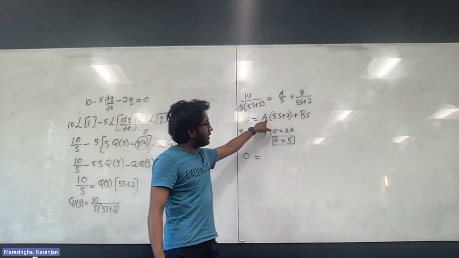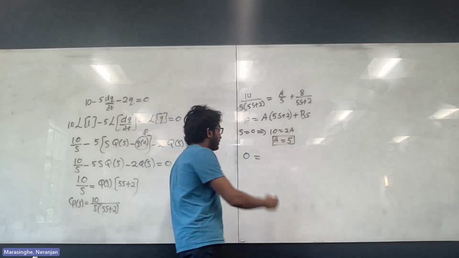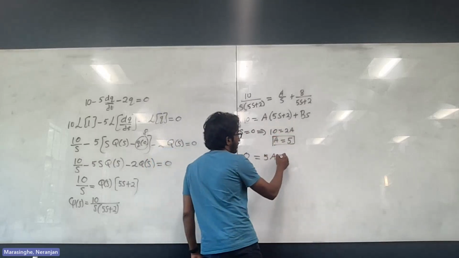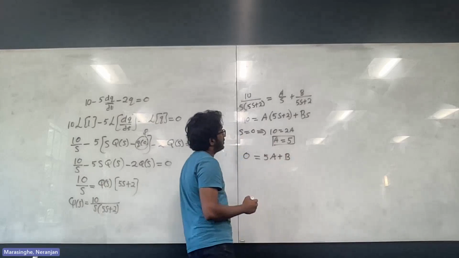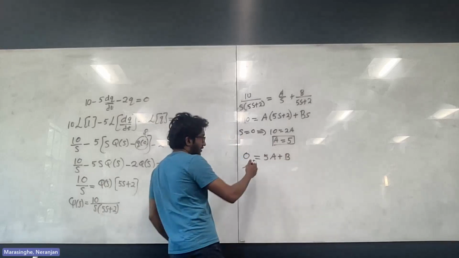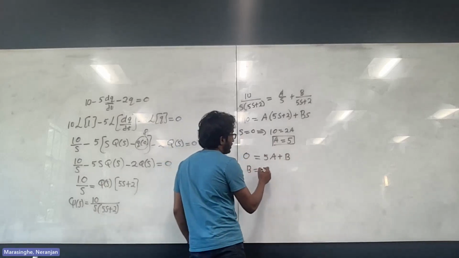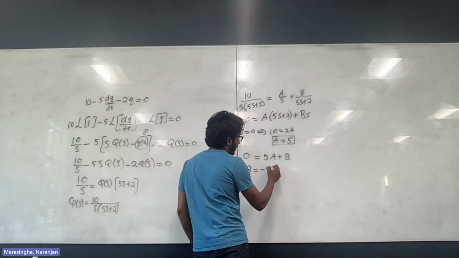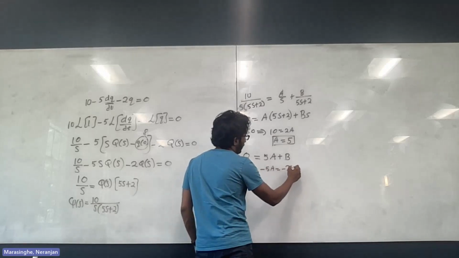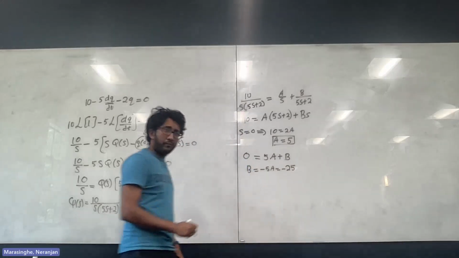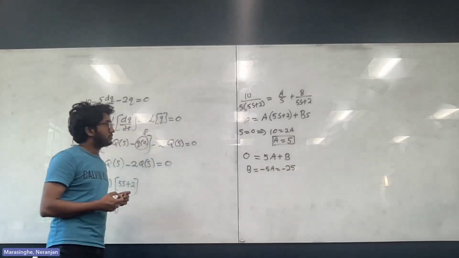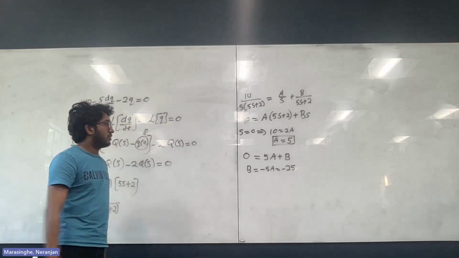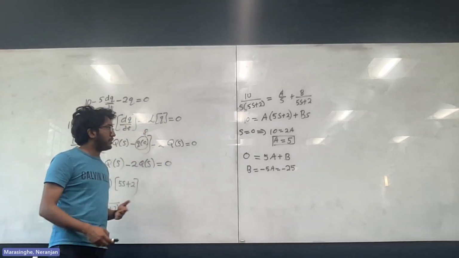I have 5 times A plus B. So A equals 5. What is the value of B? B is minus 5A, which is equal to minus 25. Right. Now I know the values of A and B.